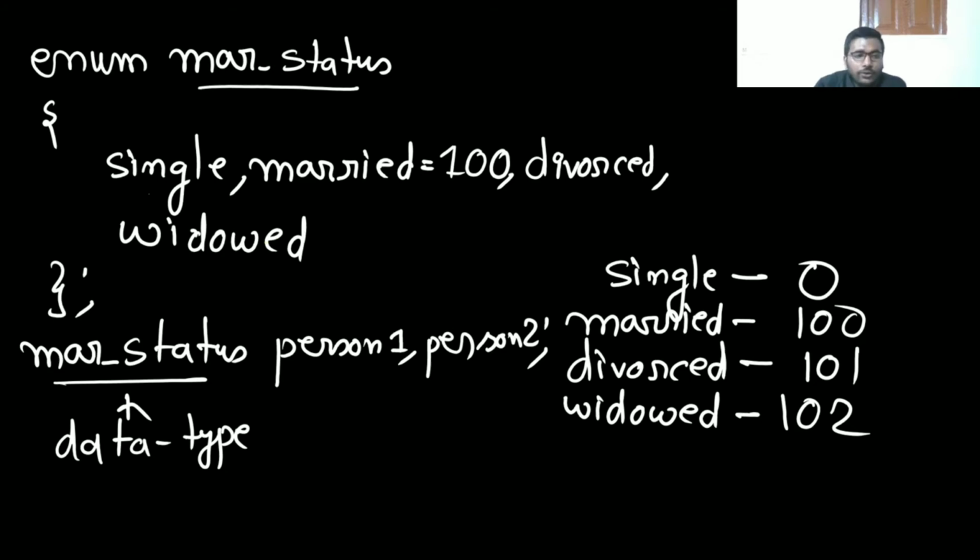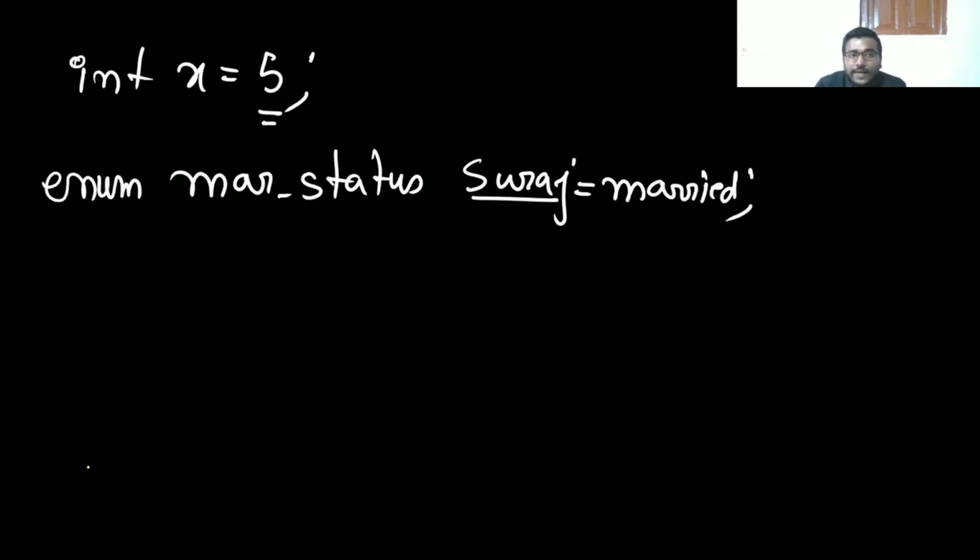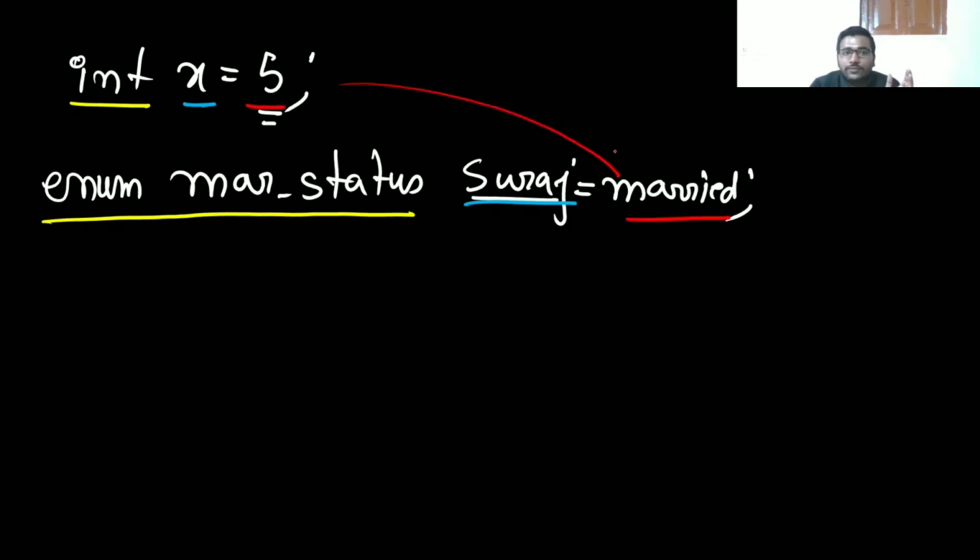So it is like a user defined data type. This is a variable, and this is a value that it can have. Similarly here, you can assume this as this, and this as this. It is a data type, it's a variable.